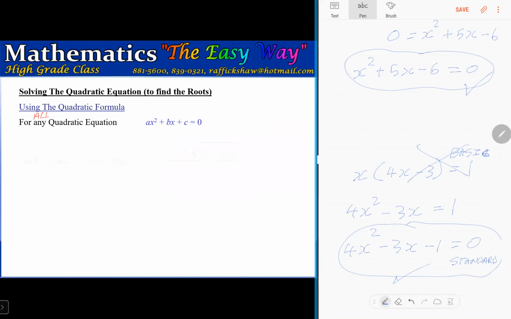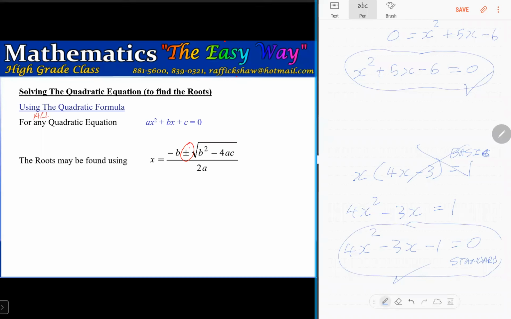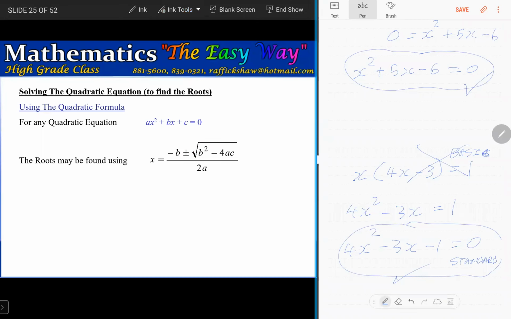The formula gives you the roots. When you solve it, you're going to get 2 roots. You see this plus or minus here? You're going to get 1 root with the plus and 1 root with the minus. That's where you get the 2 roots. X equals that formula.